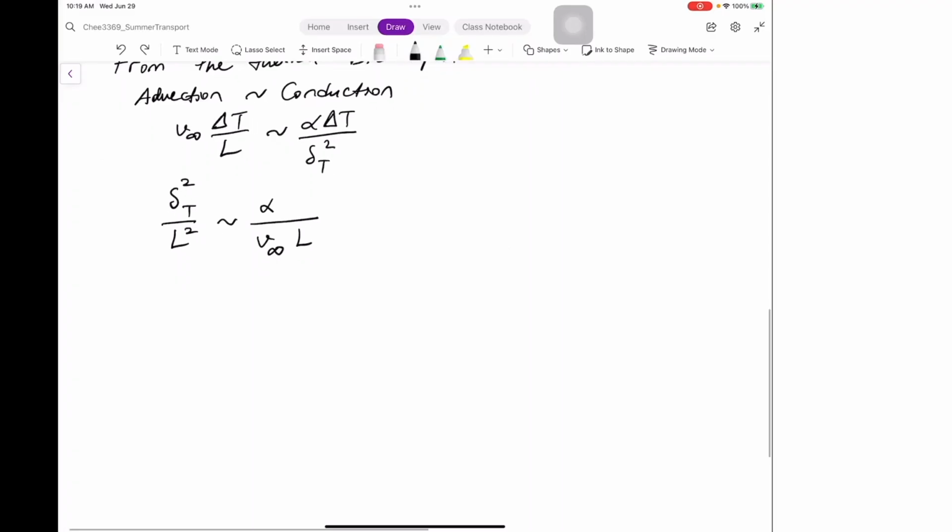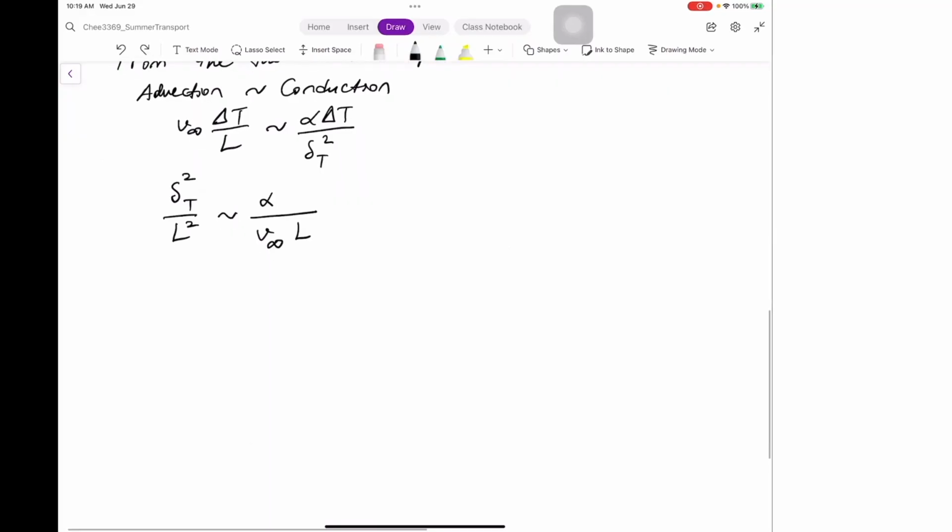So this is nothing but 1 over, which is the -1 power of, V infinity L over alpha.